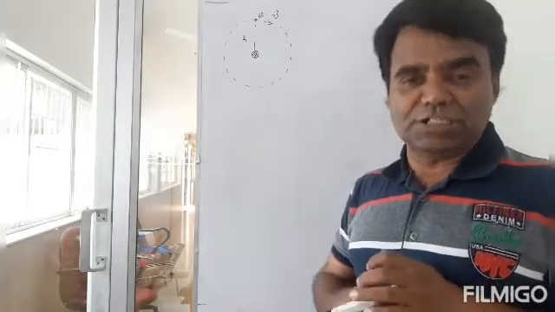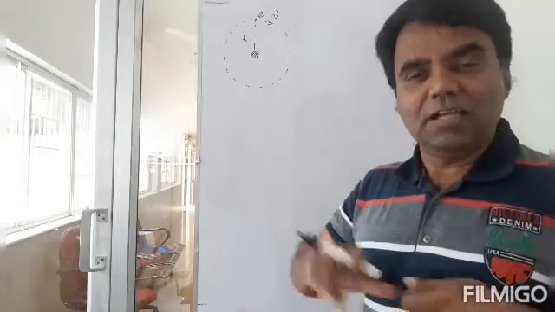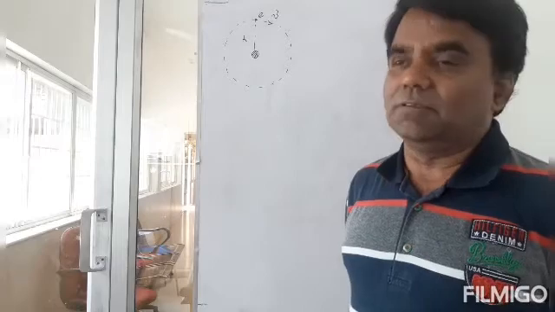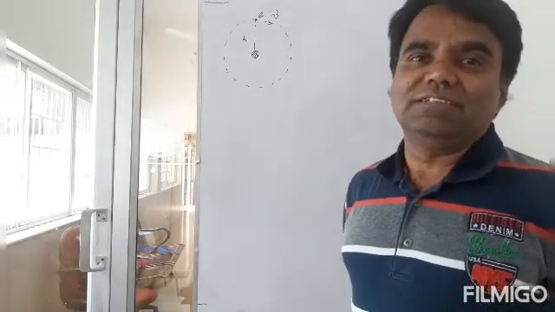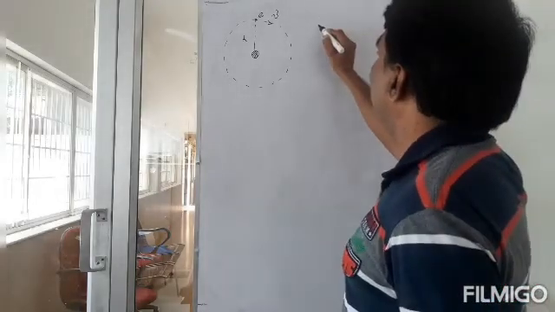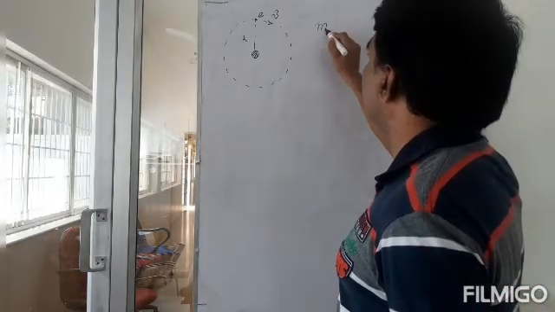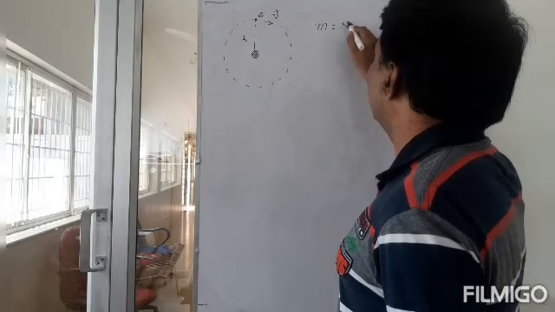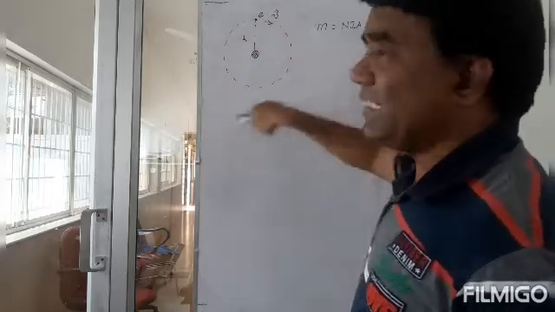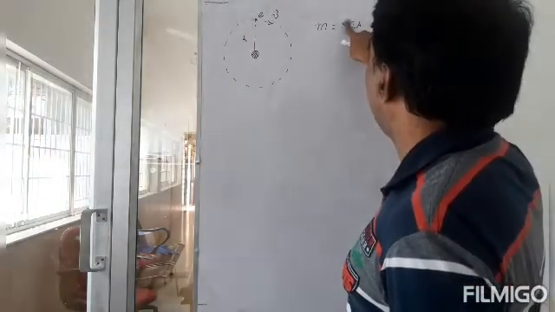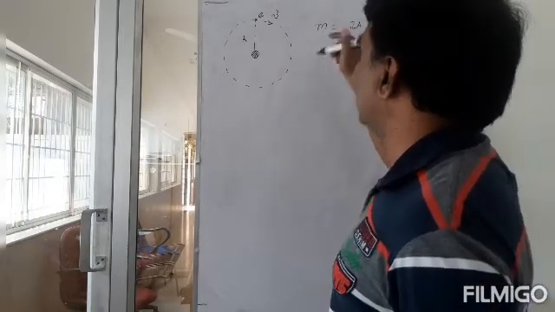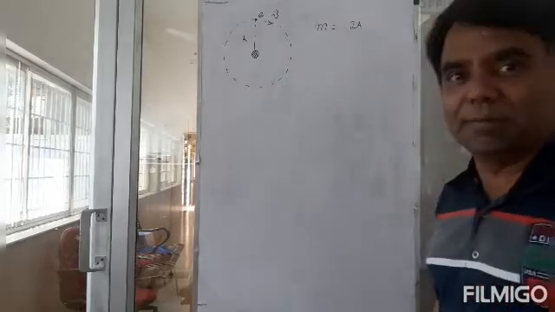And if you have a magnetic dipole, then you must be able to calculate its magnetic dipole moment. So what is that? Magnetic dipole moment M is equal to NIA, but this is only a single loop, so this will become IA. So the magnetic dipole moment of an electron is simply IA.